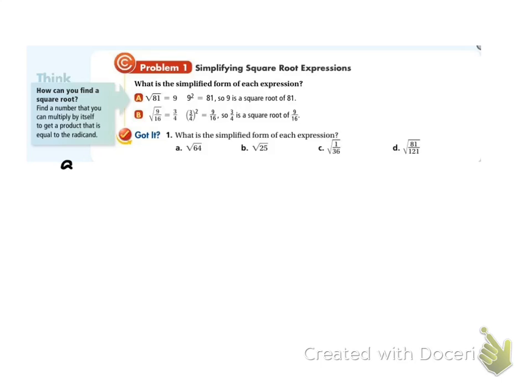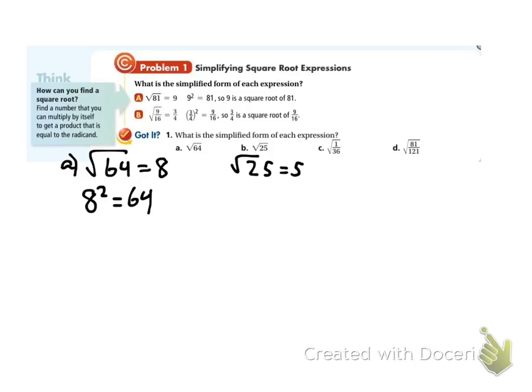Okay. Square root of 64 is equal to 8. 8 squared is equal to 64. Square root of 25 is equal to 5. 5 squared is equal to 25.